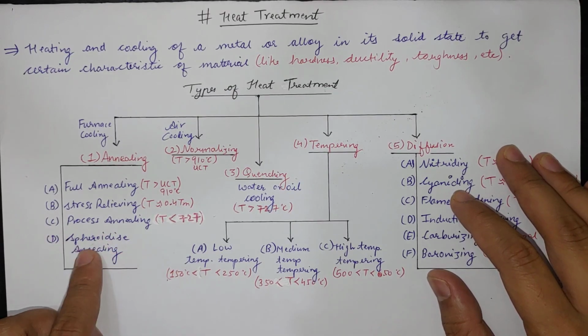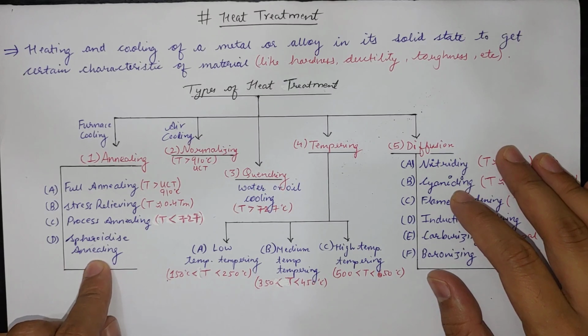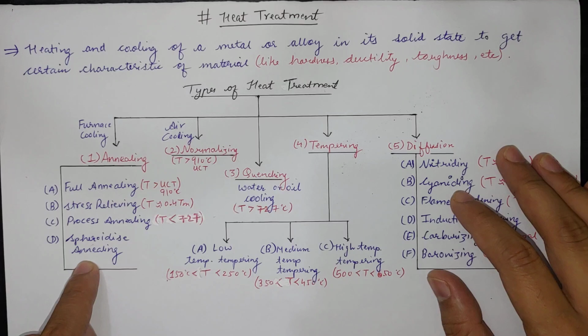We will discuss the spheroidizing process in detail in a separate video, where we cool in the furnace, but there the graphite flakes, which are like needle-like microstructures, we convert into spherical spheroids, which are more ductile in nature.